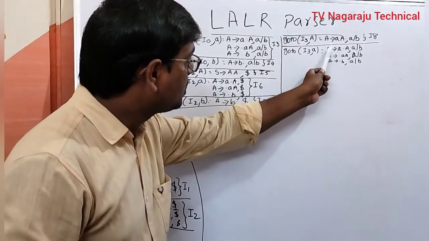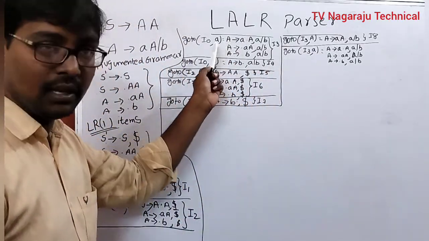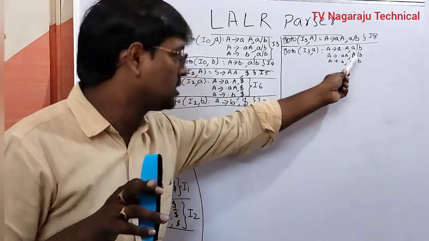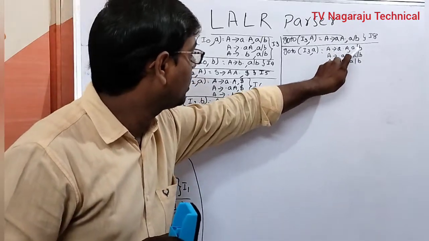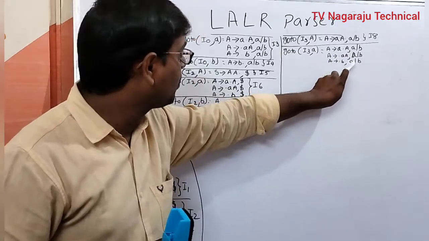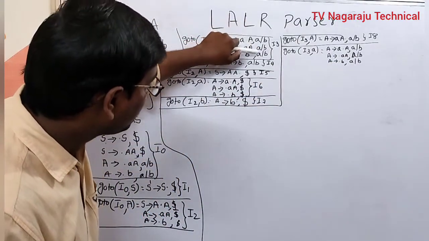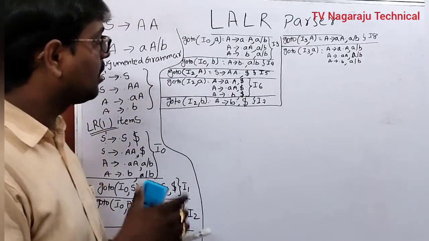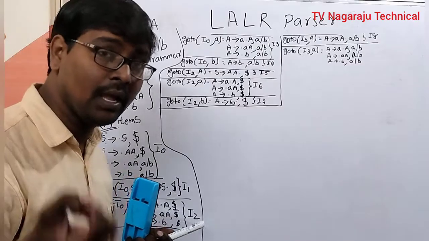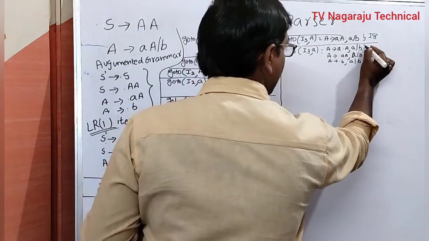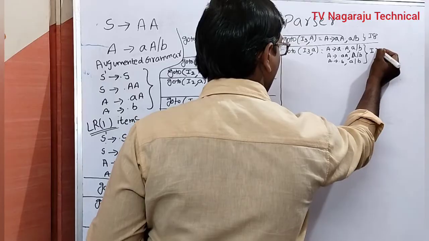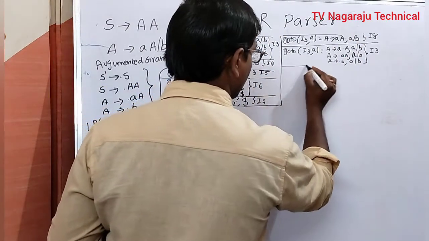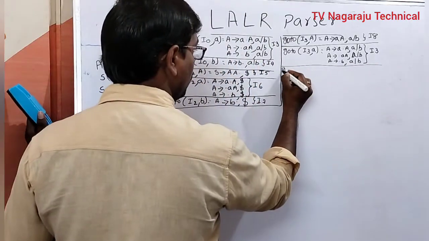Observe, this is already present in I3. I think you got it. If the same productions appear with the lookahead symbols also, exactly, it is the same set of productions as I3. So if you have the same set of productions, there is no need to create a new state. Simply allocate the same state. This is also I3. Got it?